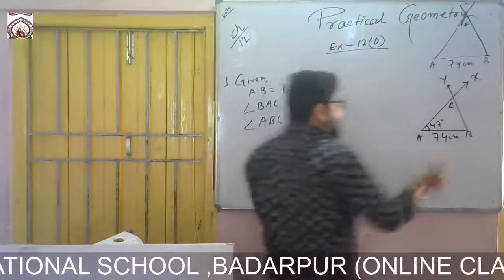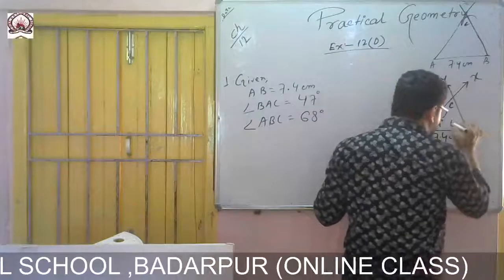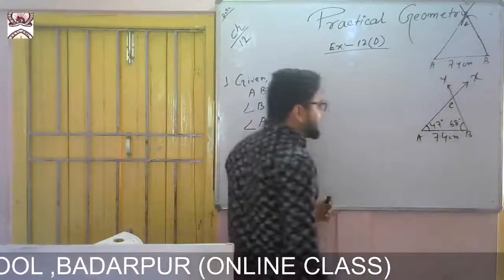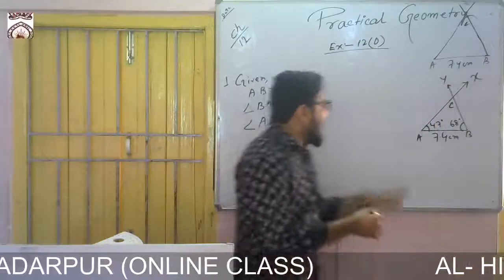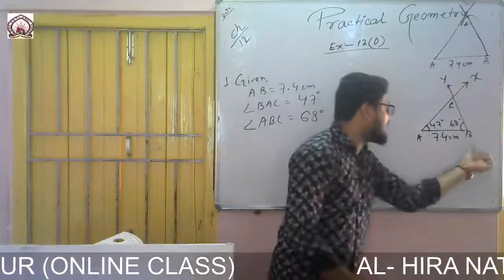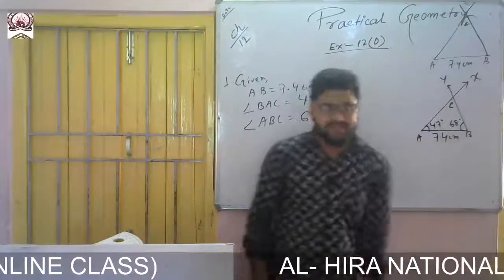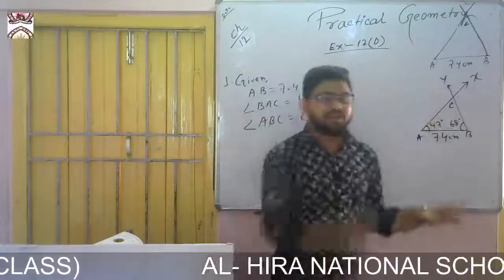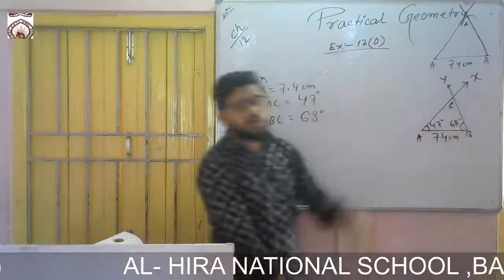And again placing at B, you draw 68 degree. Now these two arms, arm of angle A and arm of angle B, will intersect at point C. This point of intersection is the point C. So this is the required point.